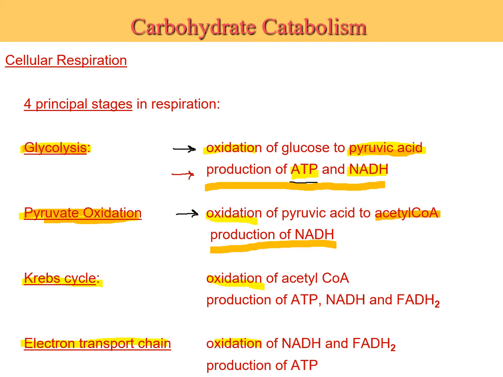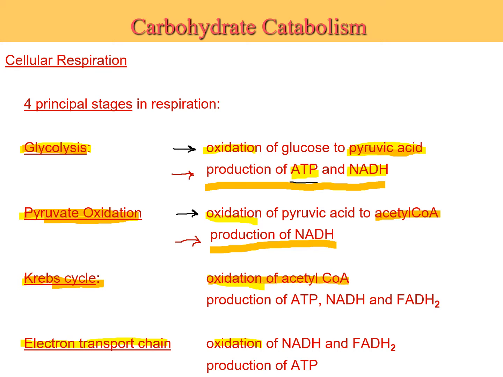So the first stage is glycolysis, oxidation of glucose to pyruvic acid or pyruvate, along with, in terms of energy, production of ATP and NADH. In the second stage, the pyruvate undergoes oxidation to form acetyl-CoA, along with production of NADH. And in the third stage, we have the Krebs cycle, where the acetyl-CoA gets fully oxidized.